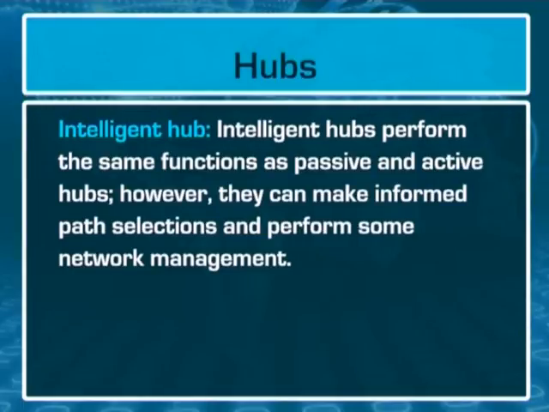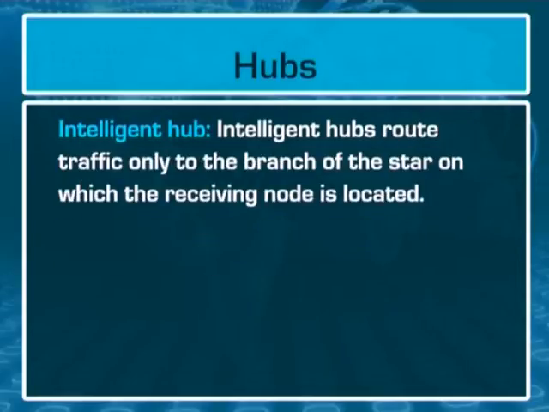Number 3, intelligent hub. Intelligent hubs perform the same functions as passive and active hubs. However, they can make informed path selections and perform some network management. Intelligent hubs route traffic only to the branch of the star on which the receiving node is located.